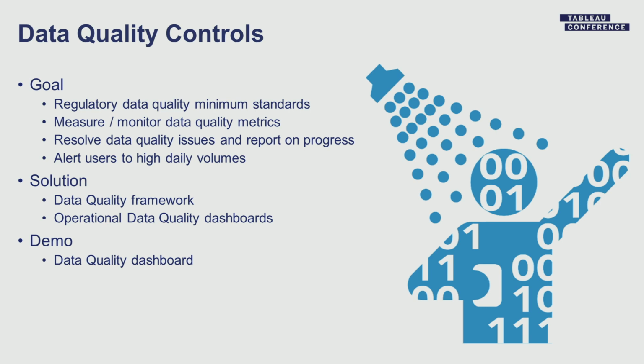And then, maybe not a standard use of Tableau, we use Tableau to look at the data quality issues, and from an operations team perspective and operational monitoring, give them the ability to see how many issues we have out there, and also how good we are doing at resolving those issues.